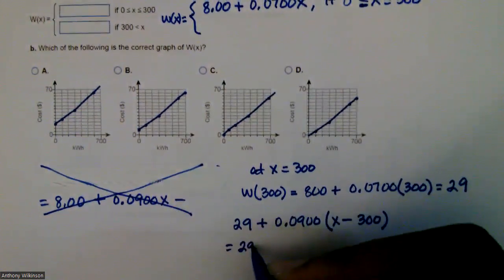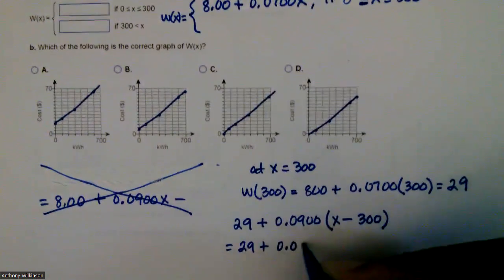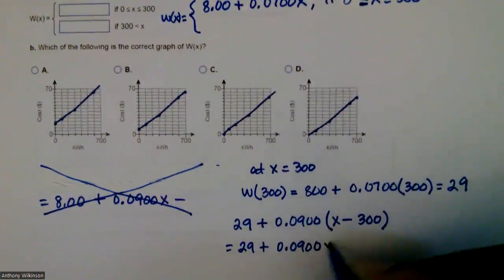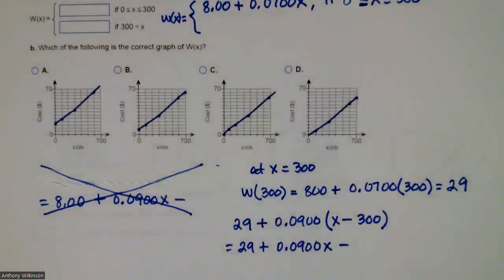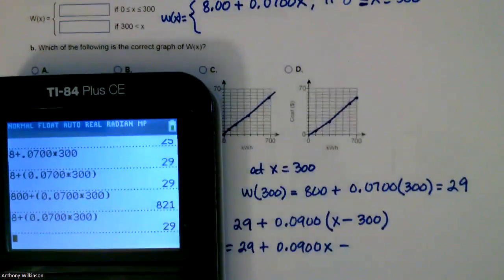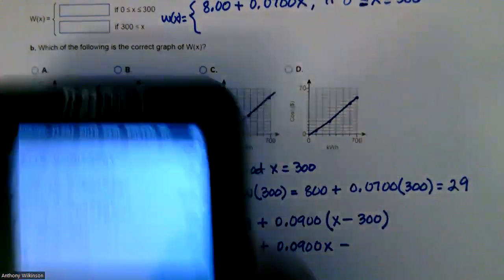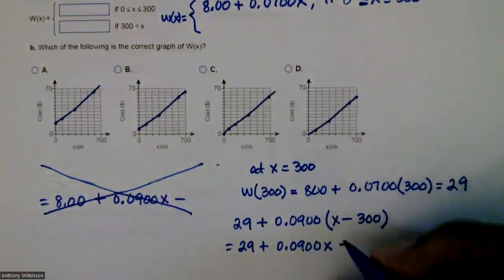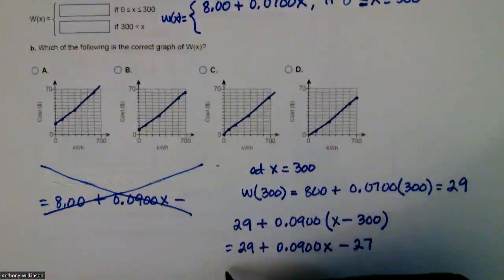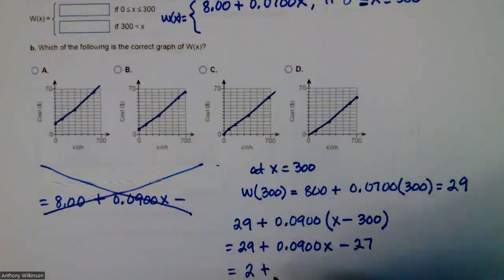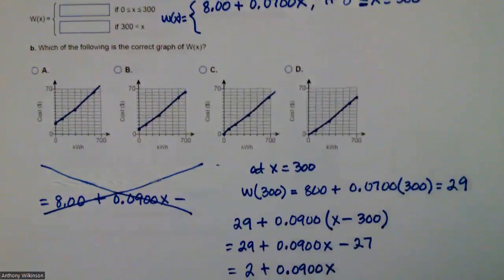Now we need to simplify this expression. So this is going to be 29 plus 0.0900x minus 0.0900 times 300, which would be 27. And 29 minus 27 would be 2. So it'd be 2 plus 0.0900x.